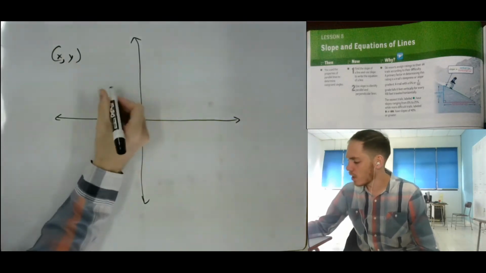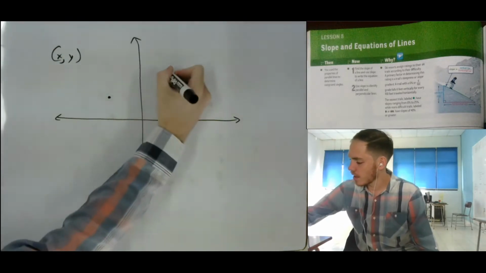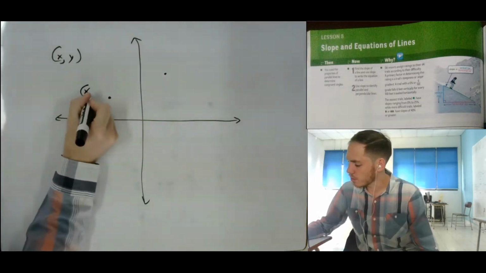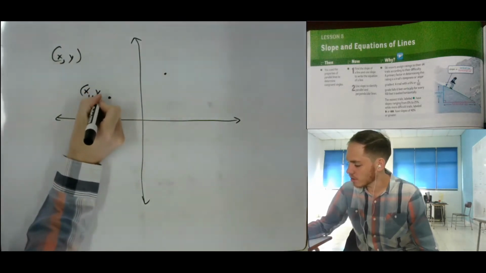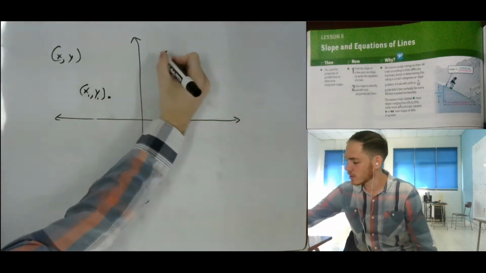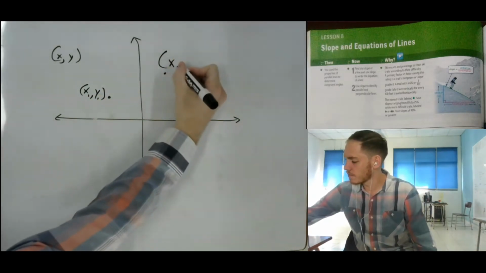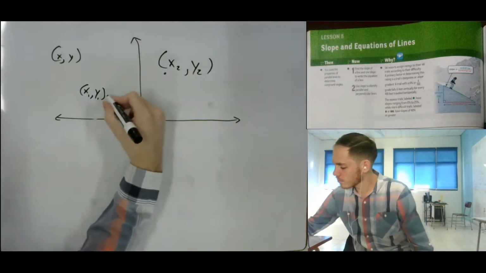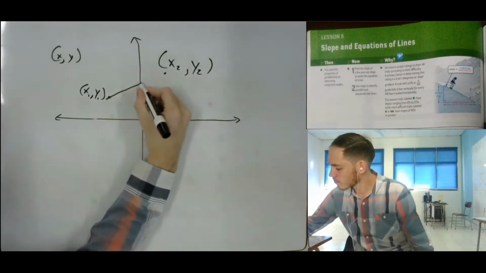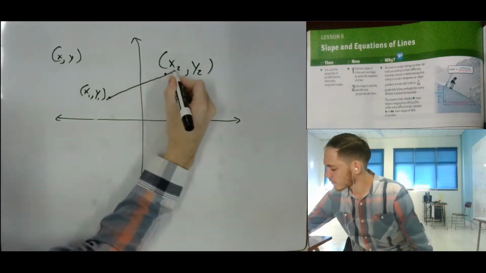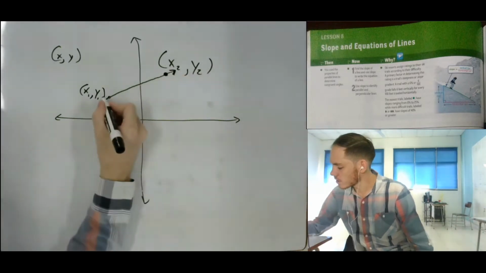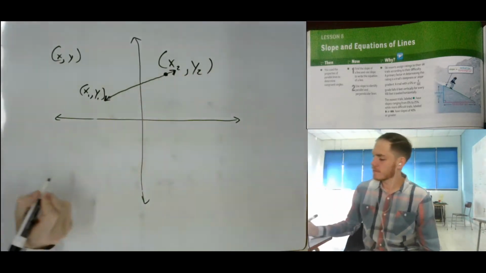And as we know before, any 2 points have a line going through them, one unique line going through those 2 points. Okay, let's just put this point right here so the lines are easier.